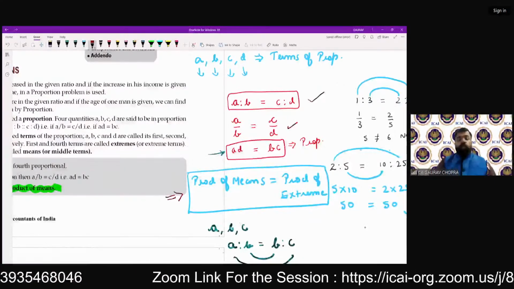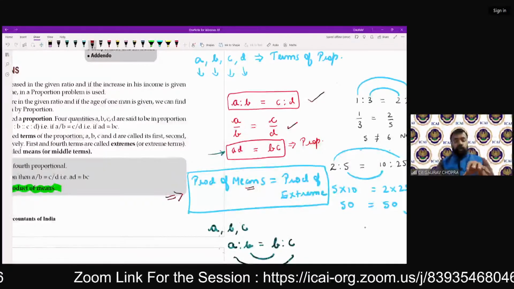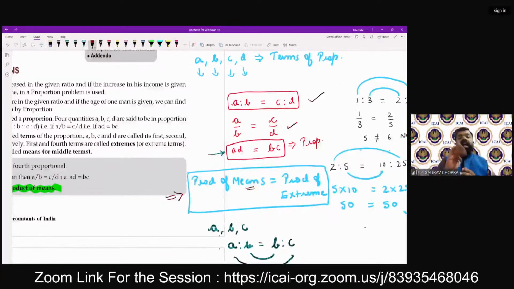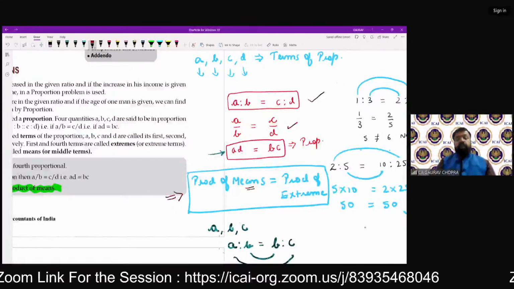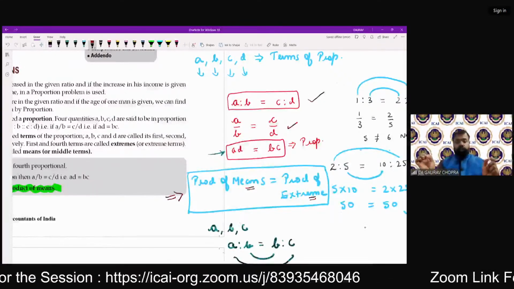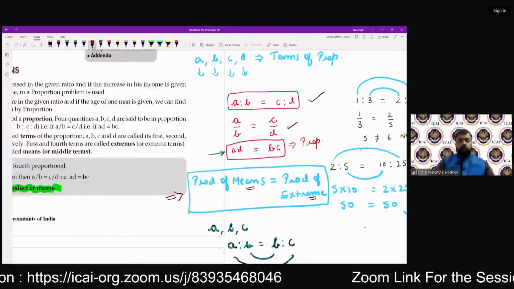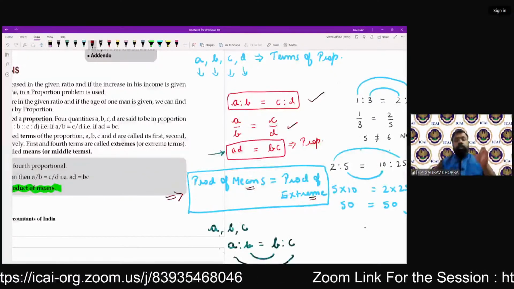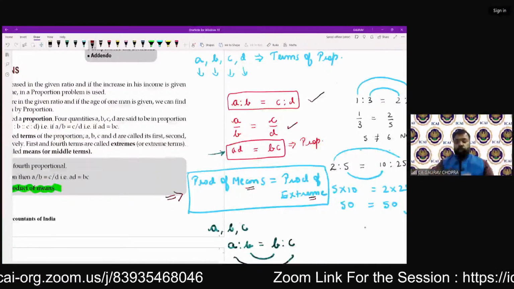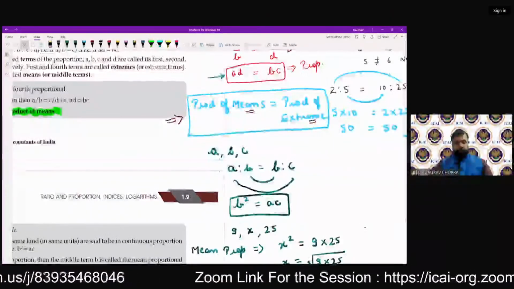Mean means the middle values, the second and third value. Extreme means both corners, the first and last value. So the product of means should be equal to the product of extremes.